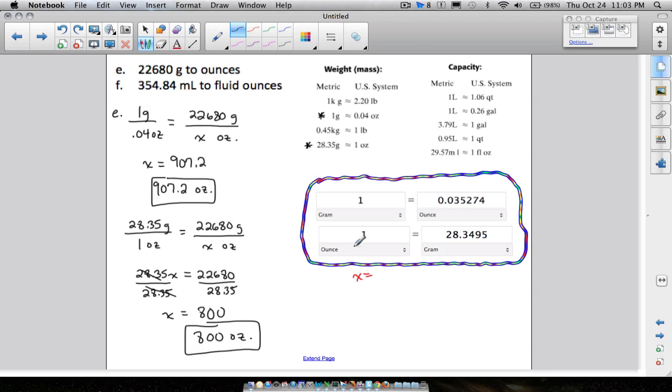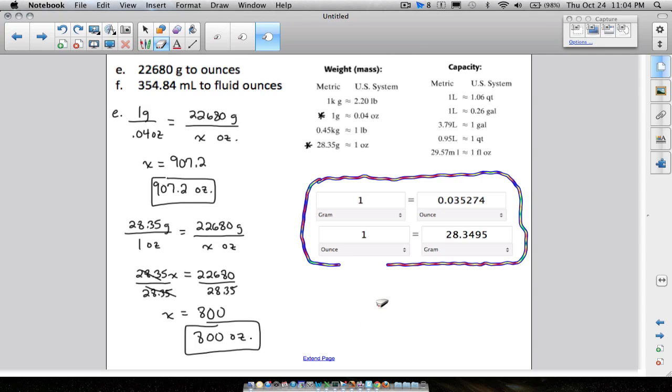Notice down here, 1 ounce is the same thing as 28.3495 grams. Well, we got 28.35 grams, but notice it's actually 28.3495, and these two numbers right here are rounded as well. But if we use these, I guarantee you we'll get an even closer answer.